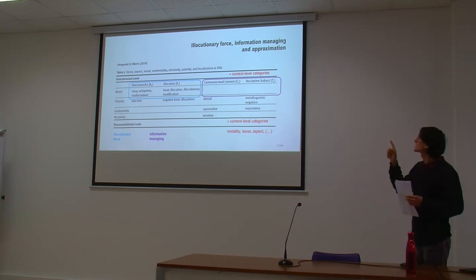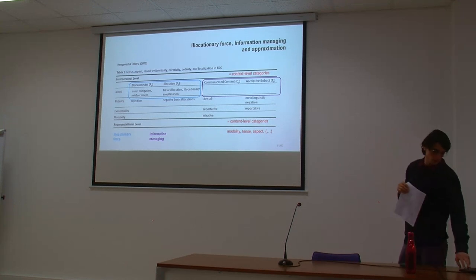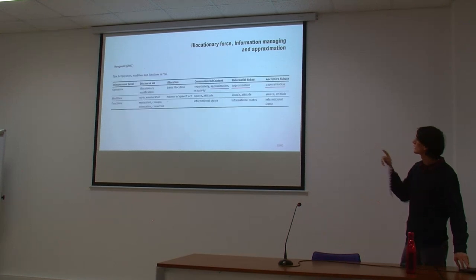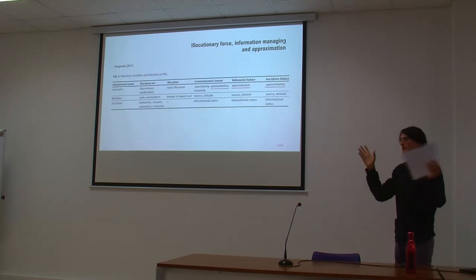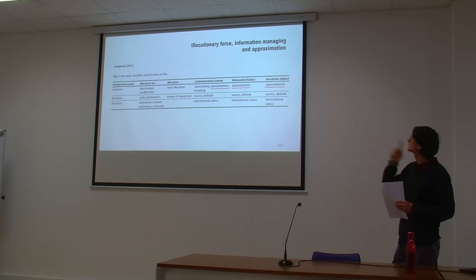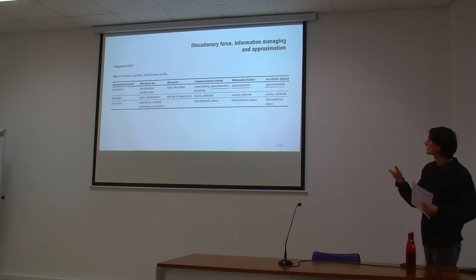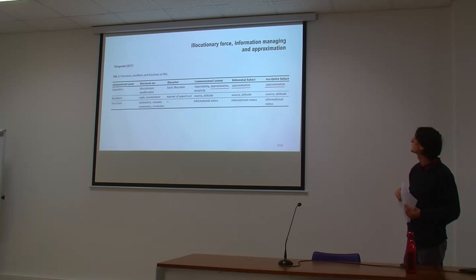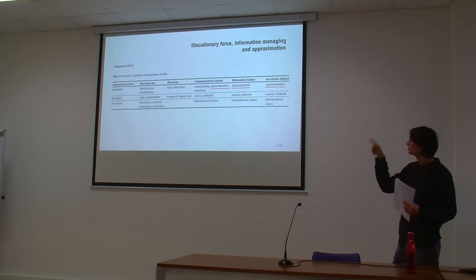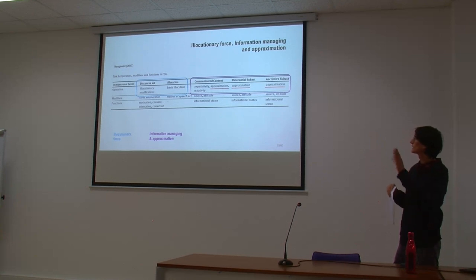Communicated content and ascriptive subact are empty, but if we look at another version of the same table, from another paper, they have different versions, we do find approximation, which is something that we've been talking about both for un po' and for lá. And so if we combine these 2 different things, we get something like this.